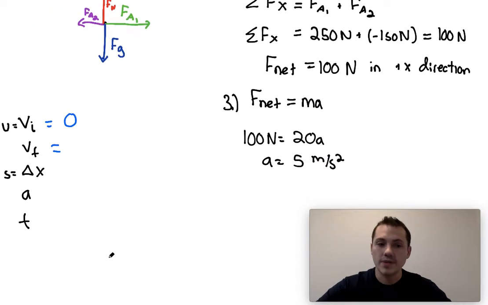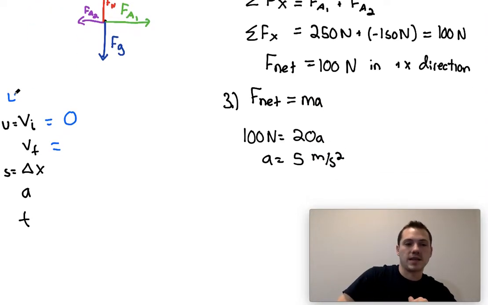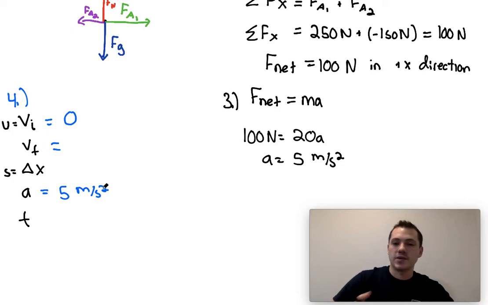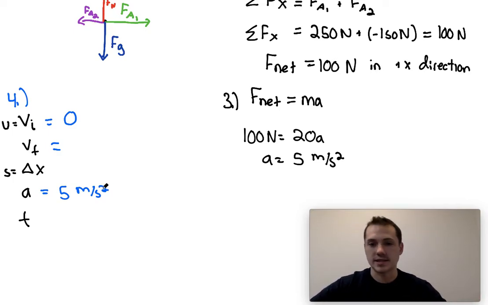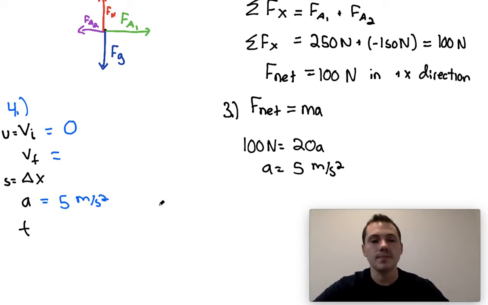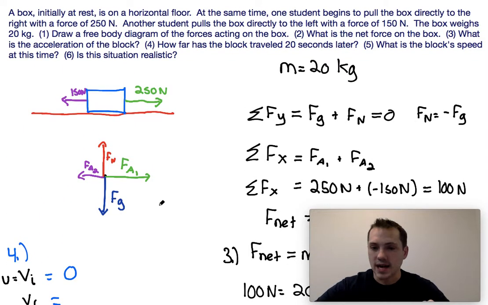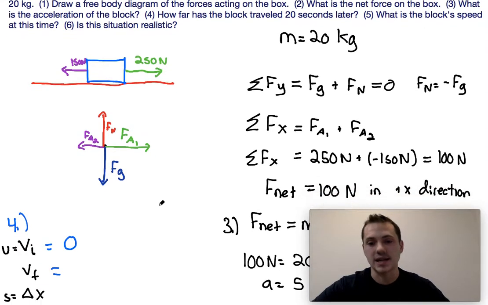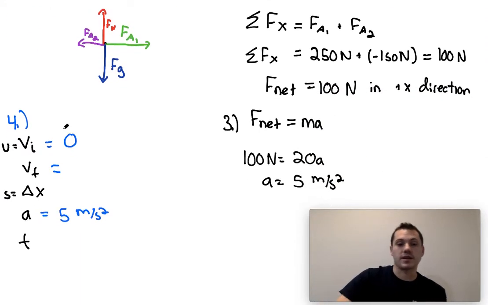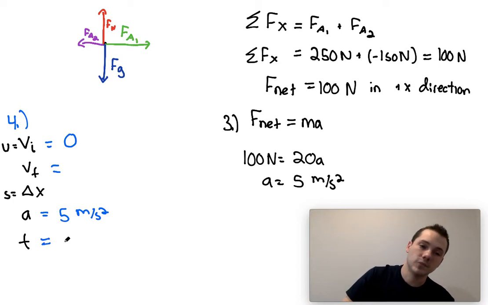We did, in the previous part of the question, determine that our acceleration was 5 meters per second squared. I put the units here. Everything's in standard units. Sometimes you'll have to convert. That's not happening in this case. As far as the time goes, the question's asking us how far the block has traveled 20 seconds later. So we can see pretty clearly that the time would be 20 seconds.